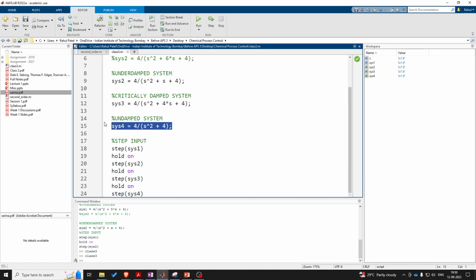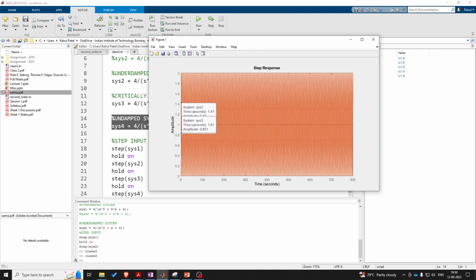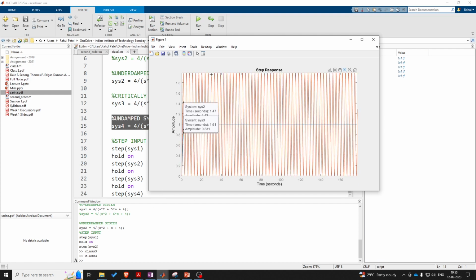So due to the presence of the undamped system, we can see these high oscillations in the system. So over here you can see that this is basically due to the response of this undamped system. That is, the oscillations will be of constant magnitude.